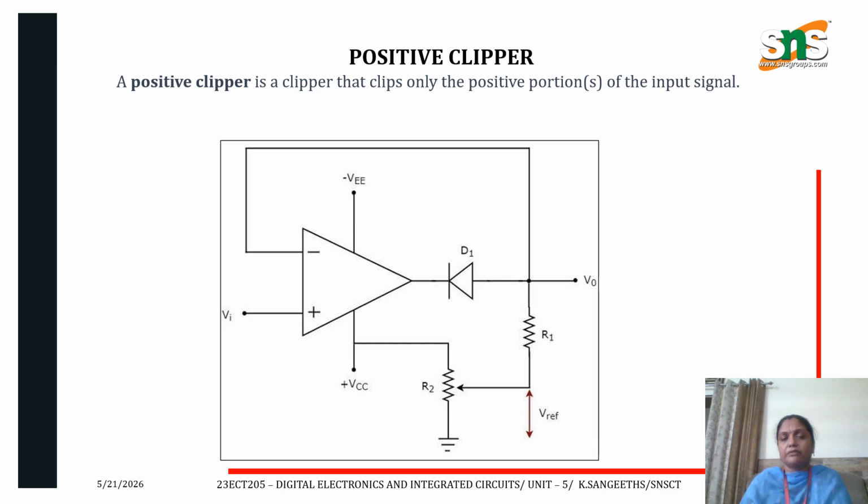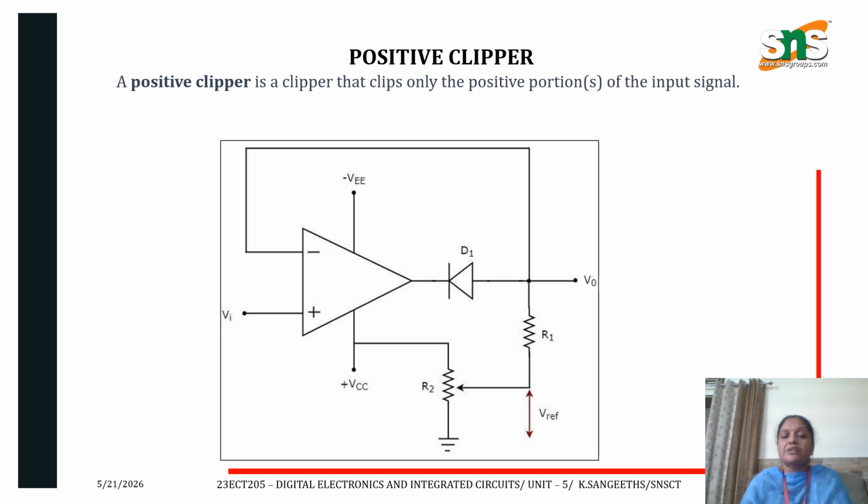The first thing I want to share is that the clipper circuit consists of an operational amplifier, because the clipper is one of the applications of the operational amplifier. So there are two types of clipper. The clipper circuit mainly consists of an operational amplifier, a diode and some resistors.